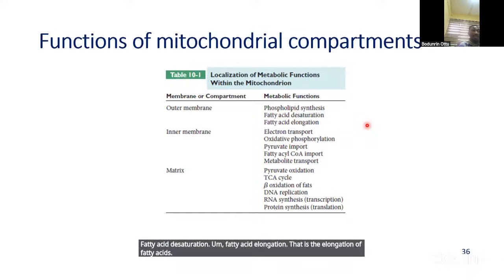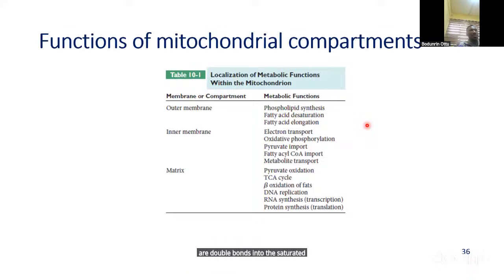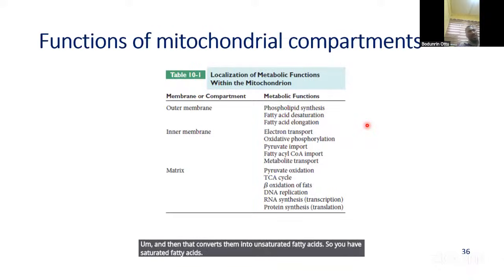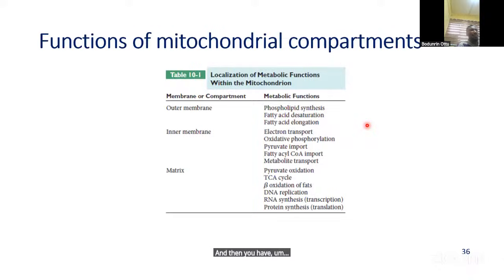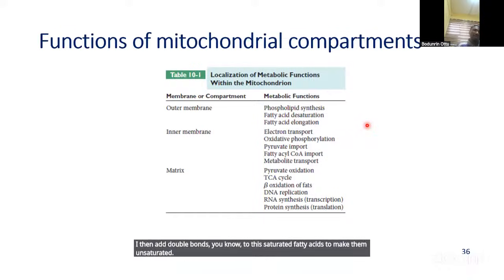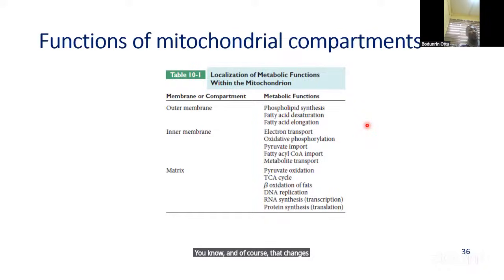Fatty acid desaturation is a process whereby enzymes called desaturases add double bonds into the saturated fatty acid chains, and that converts them into unsaturated fatty acids. Of course that changes their physical properties, and it makes membranes more fluid because they are unsaturated.